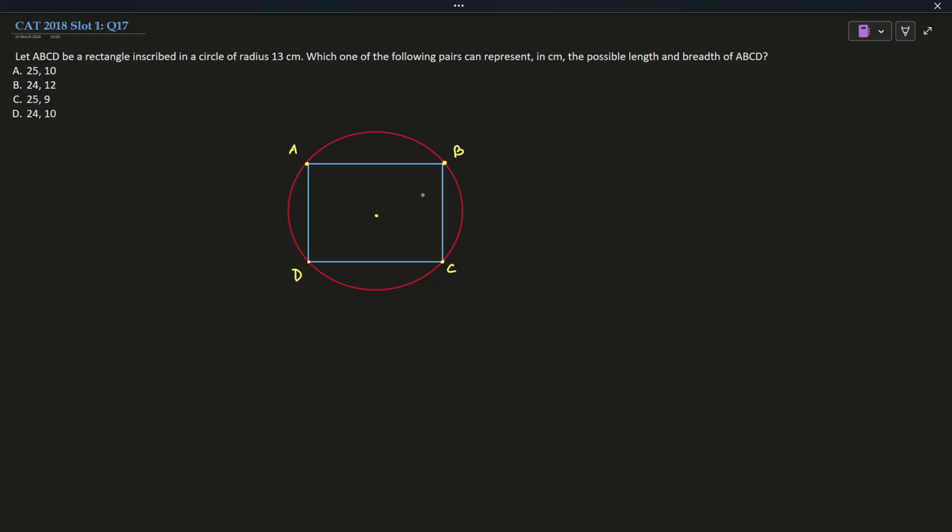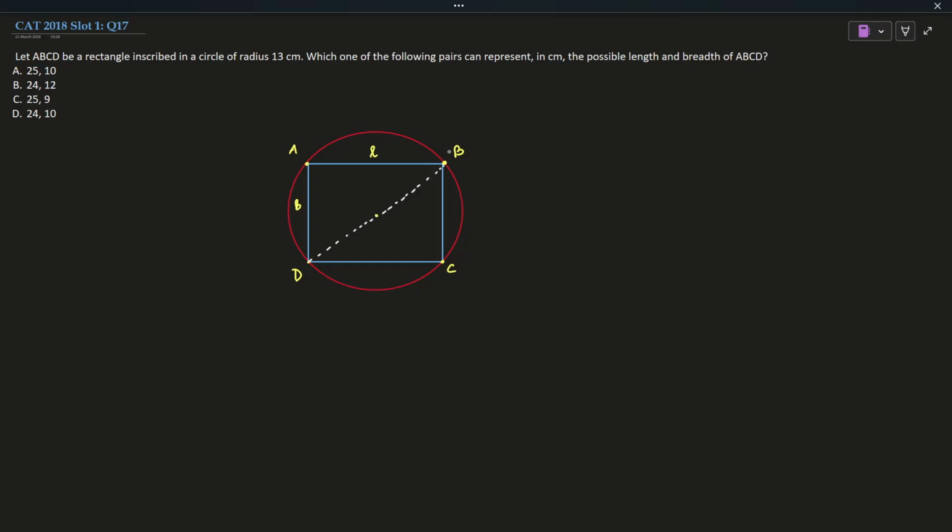Which of the following pairs can represent in centimeter the possible length and breadth? Let's say this is the length, this is the breadth. We are told that the radius is 13 centimeter. That means the diameter will be 26, right? Diameter will be 26, and the diagonal of the rectangle will pass through the center.